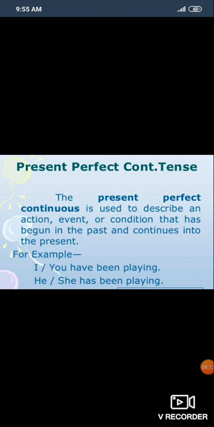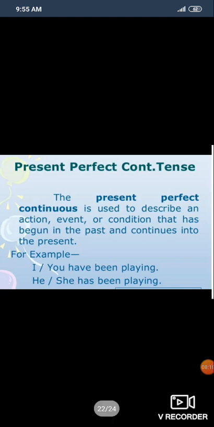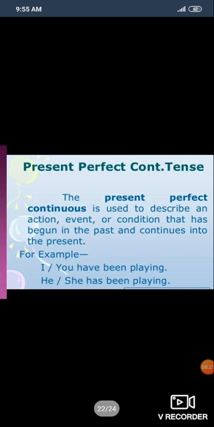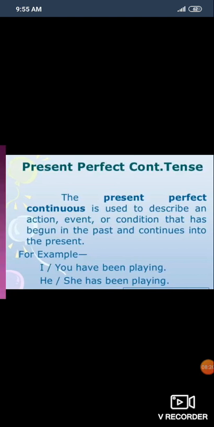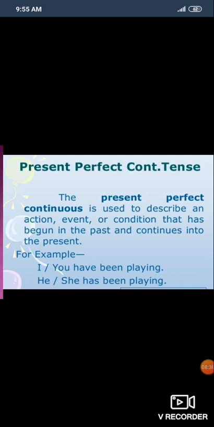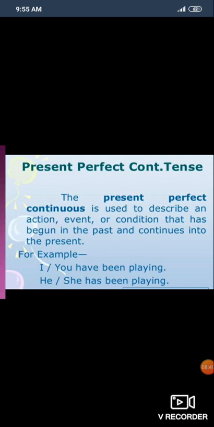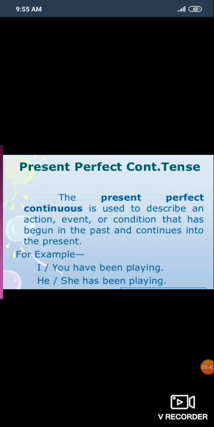Here the helping verbs we are using are has, have, been. Has we use with he, she, it, name, singular, and have with I, we, you, they, plural, and here the main verb is the verb first form with ing. Now you can see in the example, I have been playing and he has been playing.